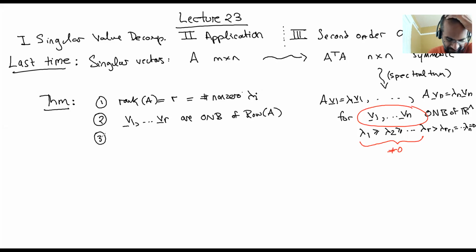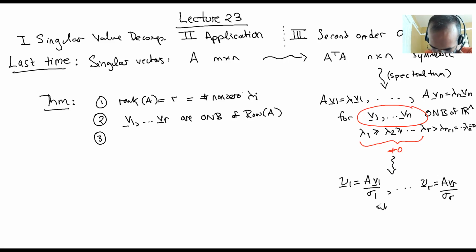And then the last step was you define these new vectors, u1 equal to A v1 divided by sigma 1 all the way up to u_r equal to A v_r by sigma r, where these sigma i are the square roots of the non-zero eigenvalues. Then you get that these are an orthonormal basis of the column space.